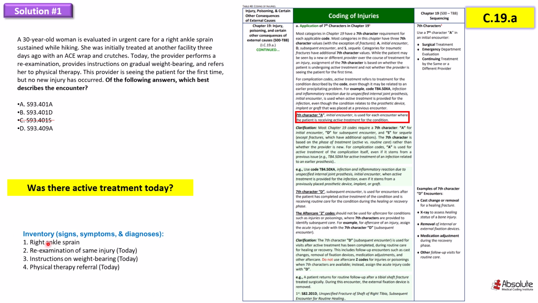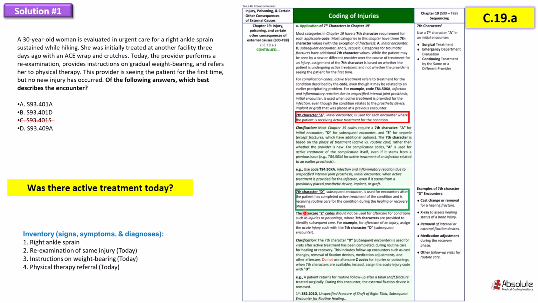This patient just had a re-examination, instructions, and physical therapy. But if we look at subsequent encounter seventh character D definition, this is used for encounters after the patient has completed the active treatment of the condition and is receiving routine care for the condition during the healing phase.